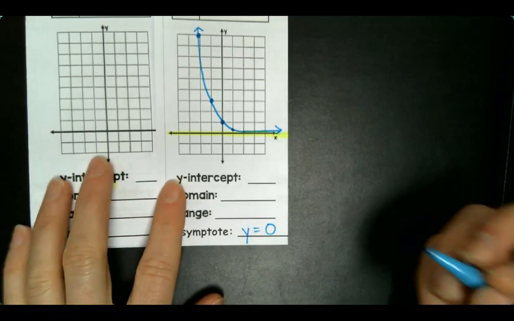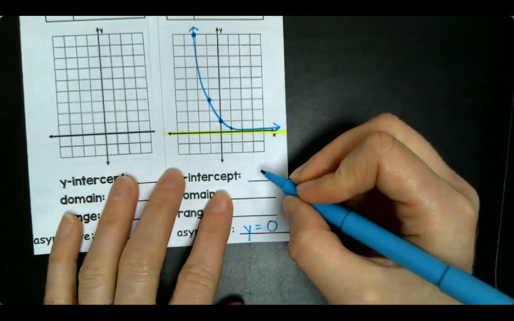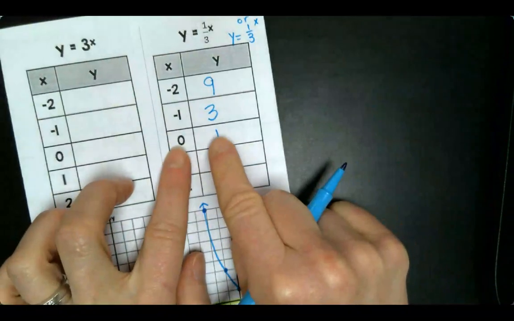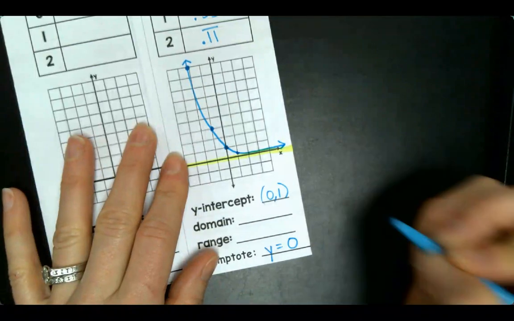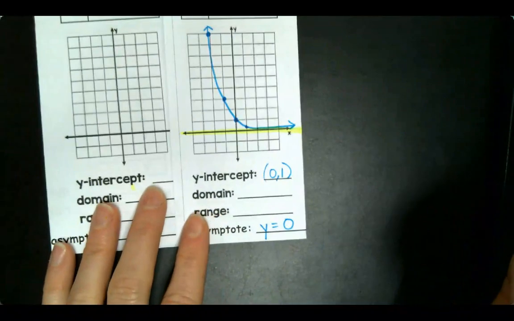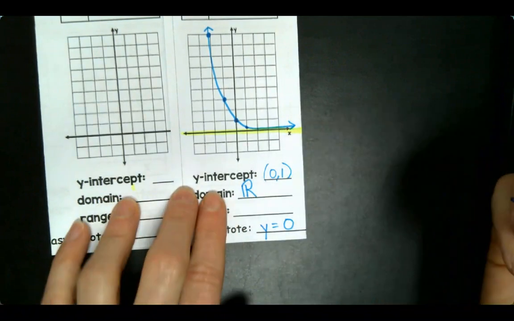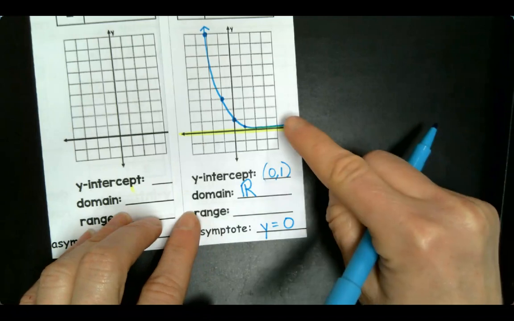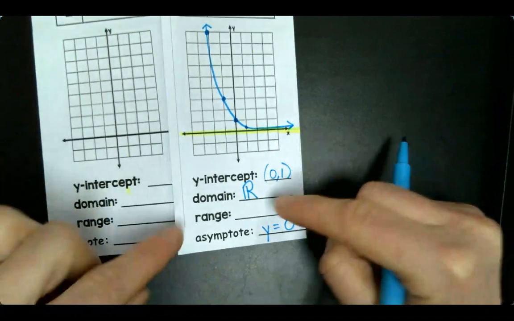The y-intercept is your initial amount. So where does it start? (0, 1), yeah. We're going to write it as a coordinate pair (0, 1). Domain, it goes on and on forever, so it's all real numbers. And it's always going to be all real numbers unless there are two endpoints. But these have arrows at the end, so there's no endpoints.